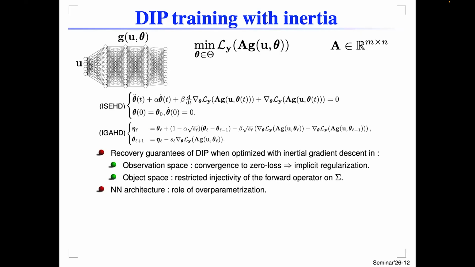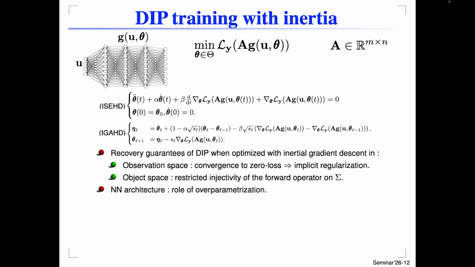So I'm teasing a little bit here, but this is the kind of result we're going to prove: that we're going to have some recovery guarantees on the outputs. Typically, I will be able to tell you how the outputs, the weights, if you put them in G, will produce an X, and this X will be close in a certain sense to X bar, how far it's going to be, and what are the parameters that will influence this.